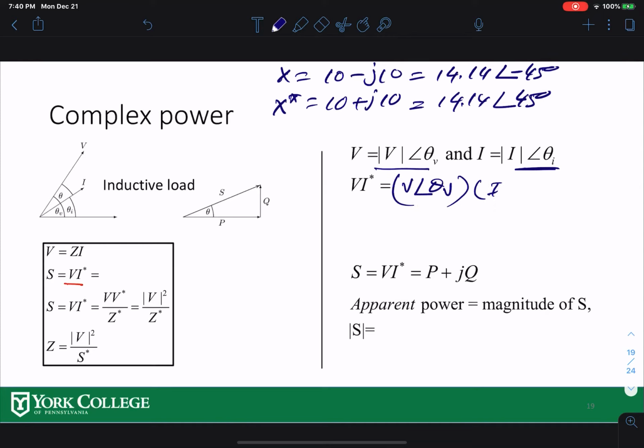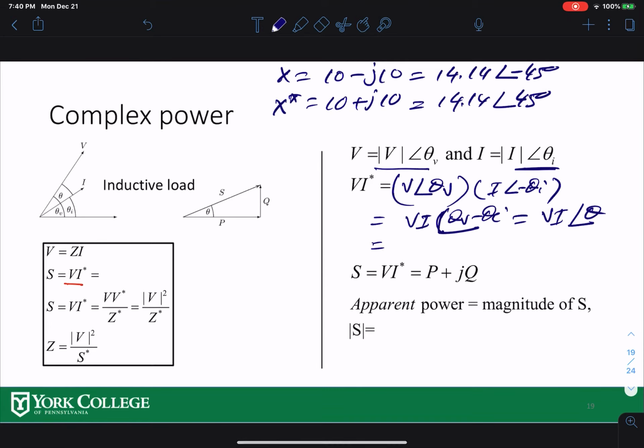And I at negative theta I because of the conjugate. So if I now find the value here, magnitude times magnitude, and your angle over here would be theta V minus theta I, which we call theta. So VI at angle theta. That's your complex power, right?